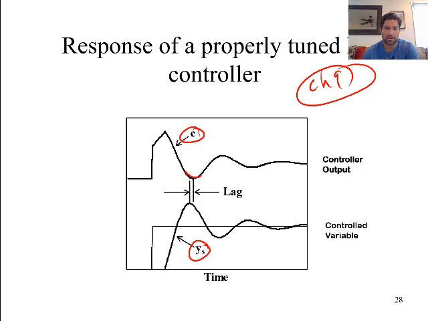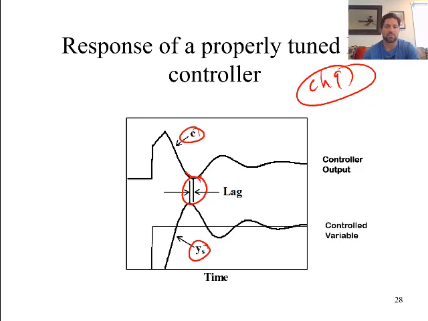The controller output should lag the sense value just a little bit. If it were proportional only action, these would line up perfectly. But the integral action is required to remove the offset, and integral action is going to cause a little bit of a lag in the controller output relative to the sense value. So there should be a little bit of lag here.